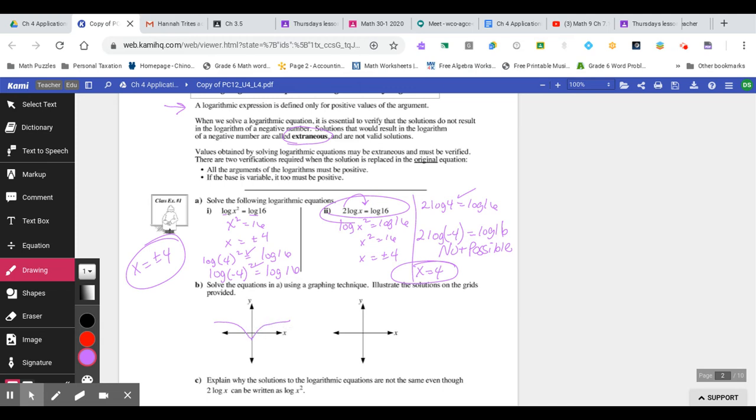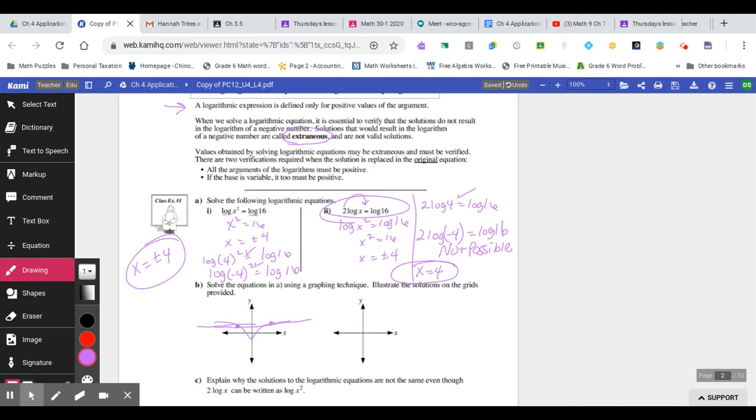And if I also type in log of 16, whoops, I'm going to get this. I'm going to get these two solutions right here.